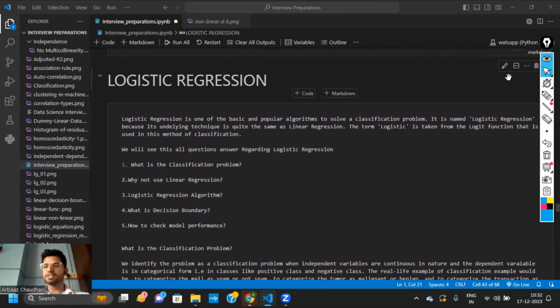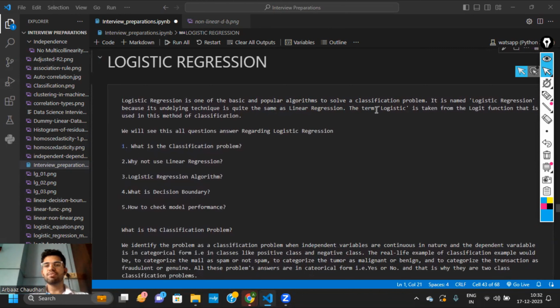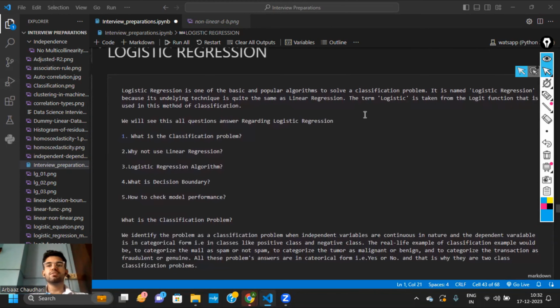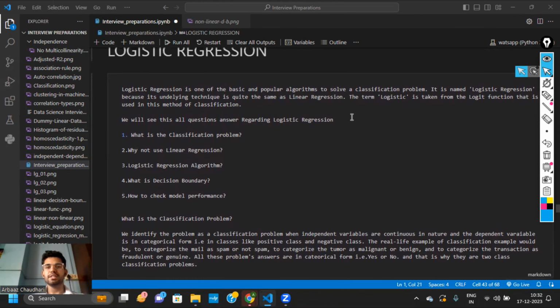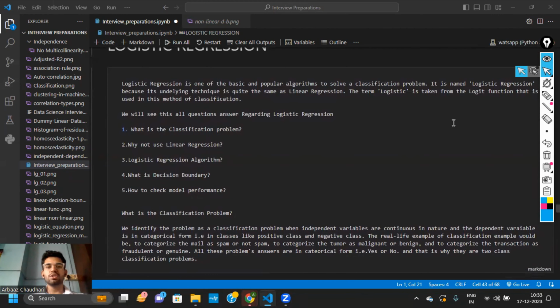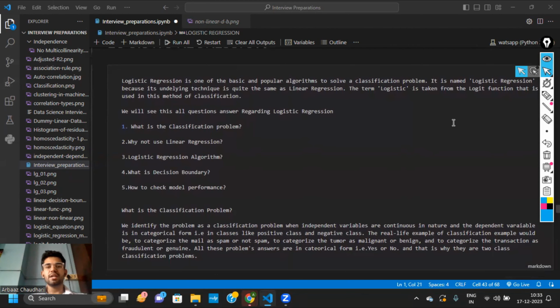So let's start. Logistic regression is one of the basic and popular algorithms to solve a classification problem. Whenever a classification problem comes, the first basic algorithm which comes to the mind of any machine learning engineer or data scientist is logistic regression. It is named logistic regression because its underlying technique is quite the same as linear regression. Its working is the same as linear regression.